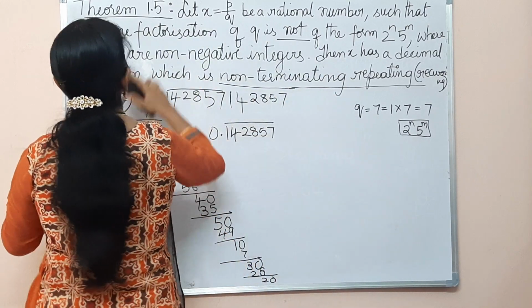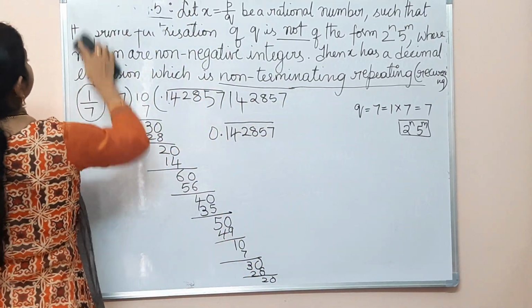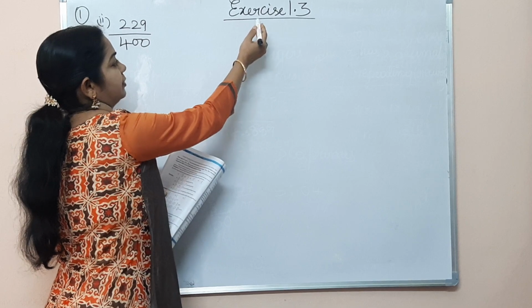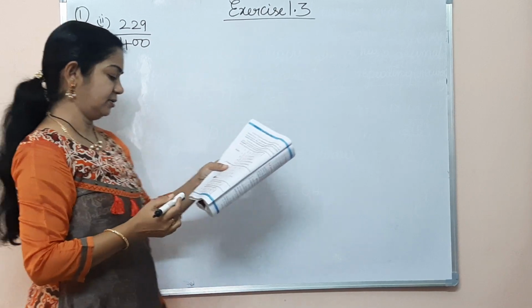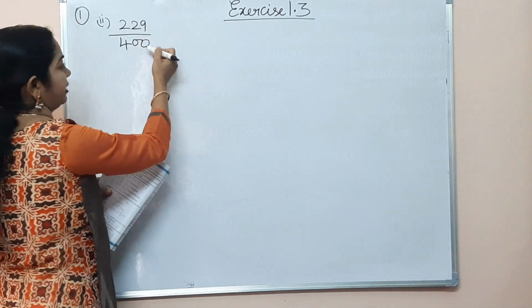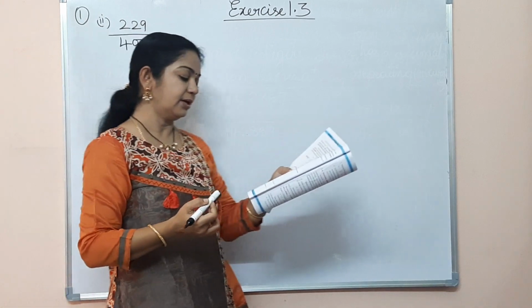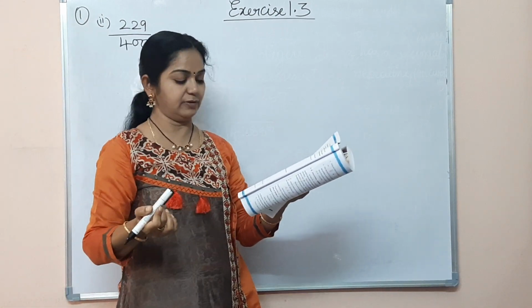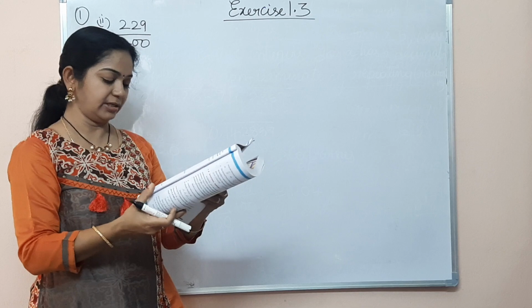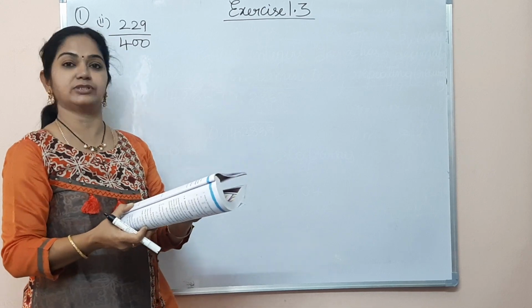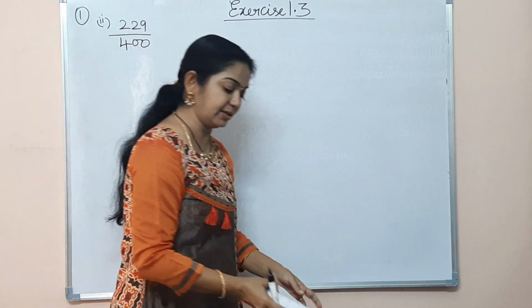Exercise 1.3. Now we'll take one problem in exercise 1.3. The problem is 229 by 400. Write the following rational numbers in decimal form and also state which are terminating and which are non-terminating repeating decimals.